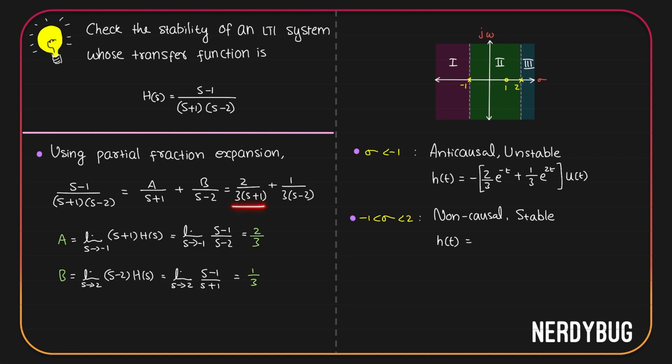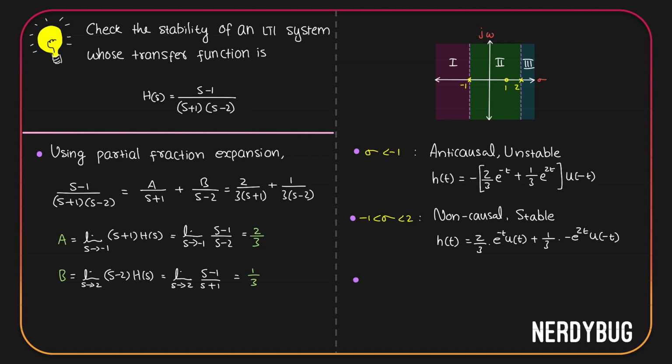So let's write for the first one. 2 by 3 multiplied by inverse Laplace transform of 1 by (s plus 1) if it is right-sided is e raised to minus t u of t, plus 1 by 3 times inverse Laplace transform of 1 by (s minus 2) if it is left-sided is minus e raised to 2t u of minus t.